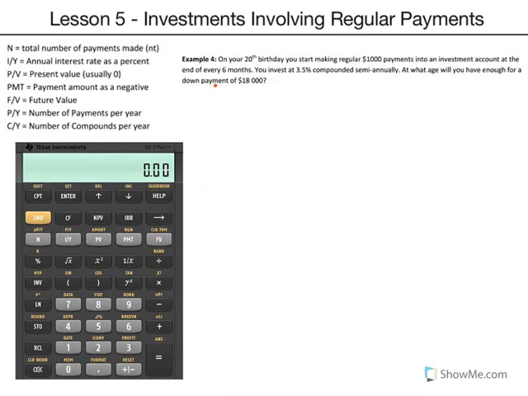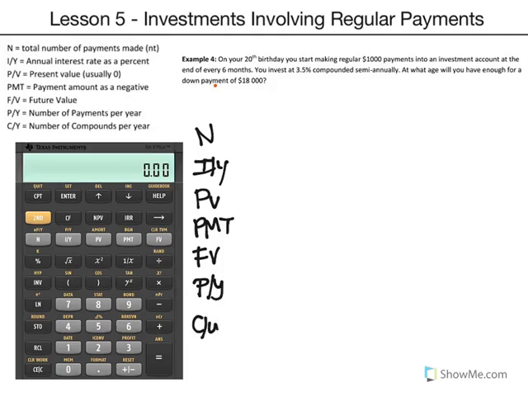And for the last example, on your 20th birthday, you start making regular payments of $1,000. So let's go N, IY, PV, PMT, FV, PY, CY. So payments of $1,000.